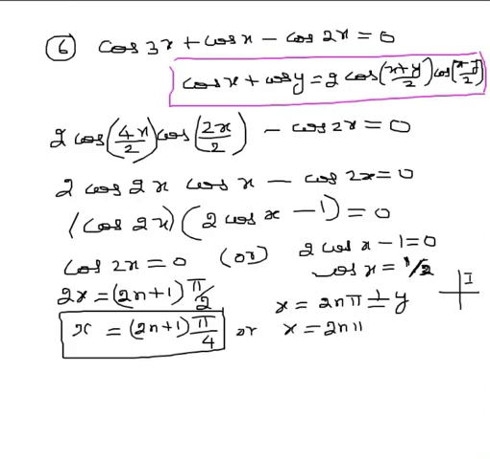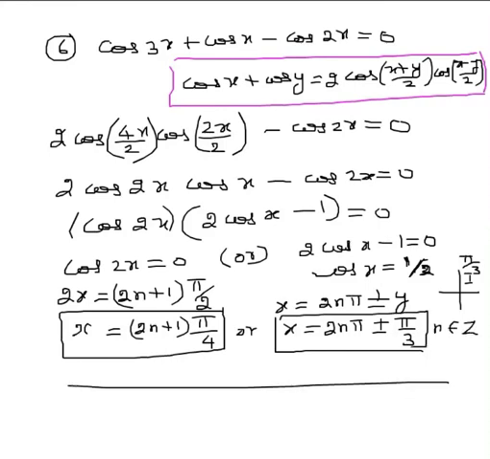Therefore, x is 2n pi plus or minus the base angle. For half, the angle is 60 degrees. So, pi by 3 is the smaller principal solution, where n belongs to z. So, the solution may be like this or like that. Next question.